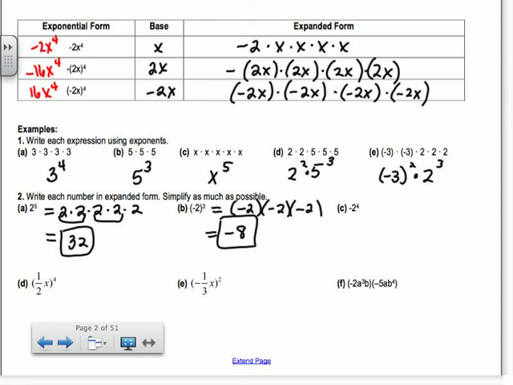How about C, what would it be? No, not 16. So only the 2's being raised to the 4th, so it's a negative out front, and then 2 times 2 times 2 times 2. So it's negative 16.